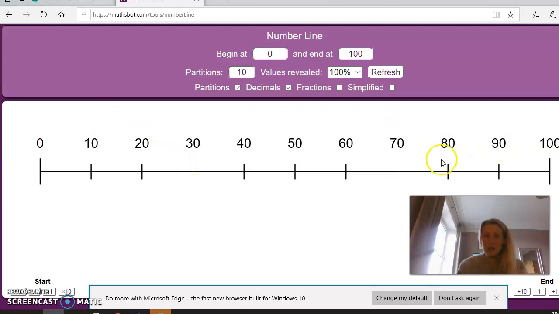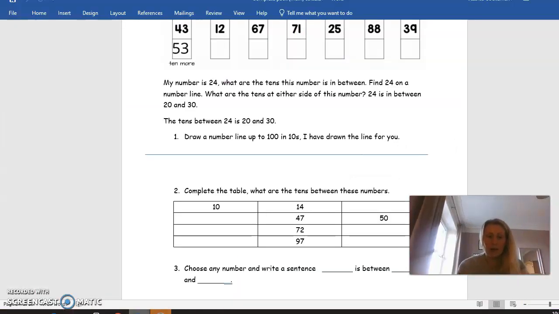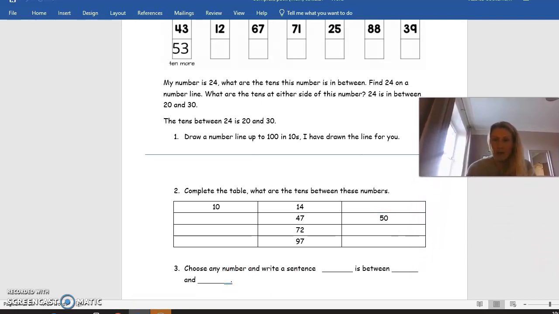It's really good with these number lines, because we can talk about how many tens are in each number and how many ones are in each number. It's a really good way to understand numbers and how we can find them on a number line. So that's what I'd like you to do today, lots of that. And then there are these questions here. Complete the table. What are the tens between this number?